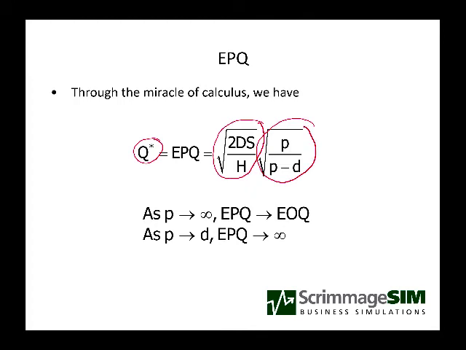So we have P over P minus D. P is always going to be larger than P minus D. So the economic production quantity would be larger than the quantity we'd calculate just using the economic order quantity. This correction term deals with the fact that we don't have that excess inventory because we don't instantaneously receive the order, but we build it up over time.